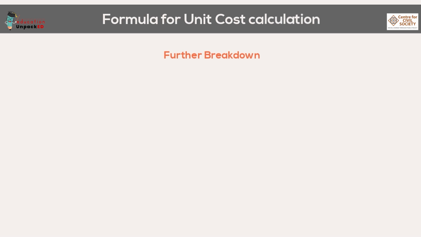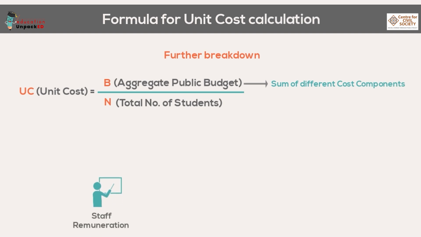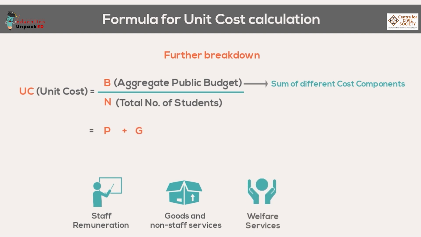It goes on to say that not only is unit cost equal to aggregate budget divided by the number of students, the aggregate budget is equal to the sum of different cost components, such as staff remuneration, which is denoted as P in the formula, goods and non-staff services, which is denoted as G, welfare services, which are denoted as W, and administrative overheads, which is denoted by A.